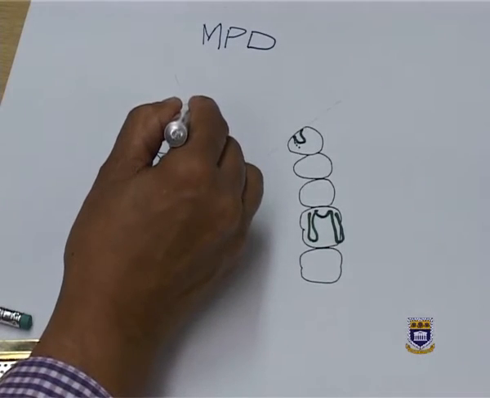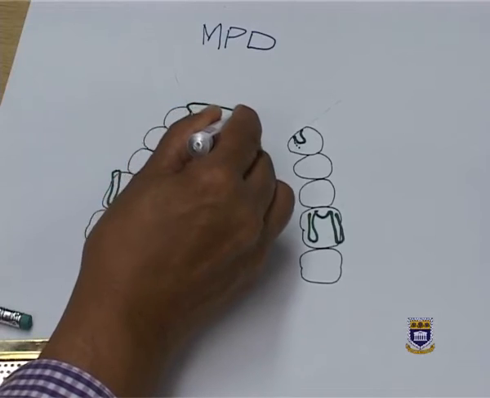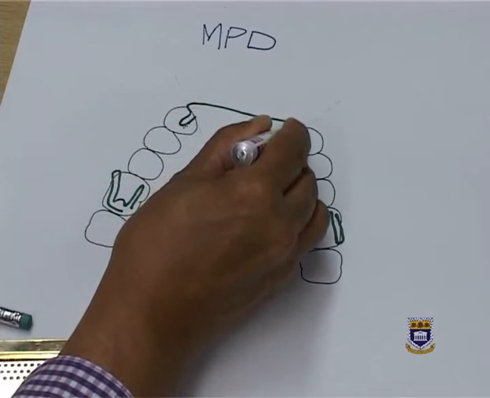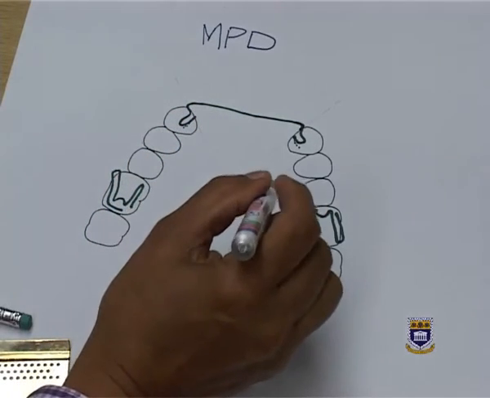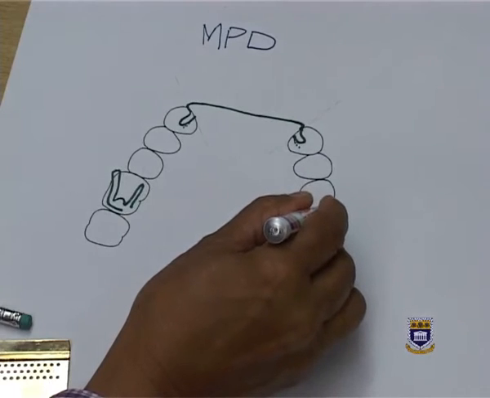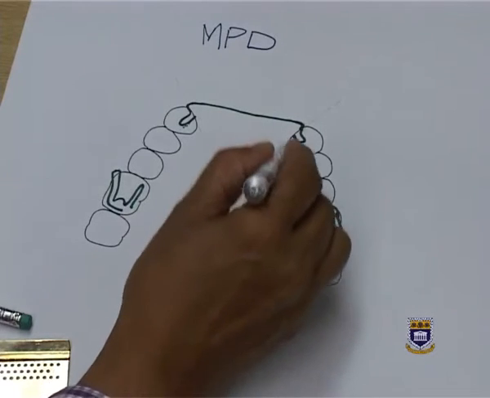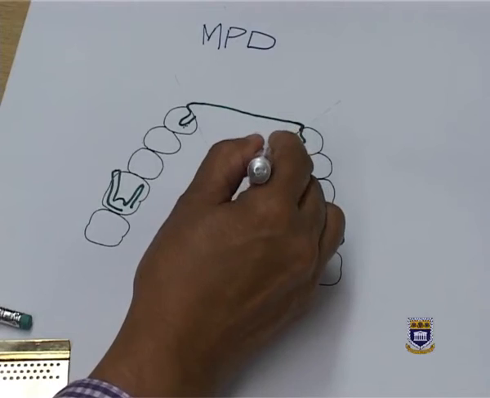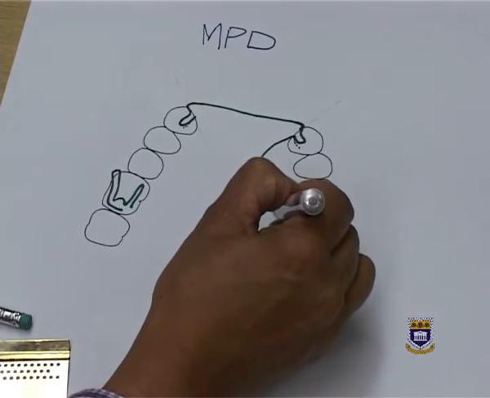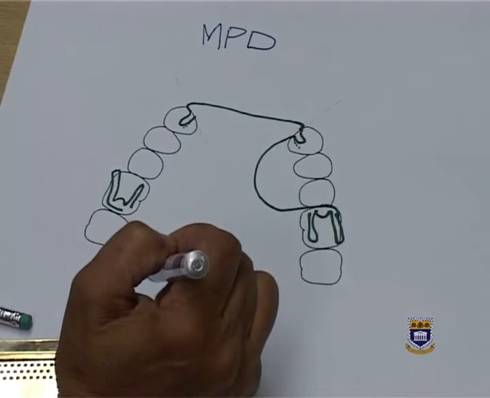So I will connect my components again. Remember, we're busy with our metal partial denture. I'm busy with the connection of my components. And because of this, I can actually relieve more teeth.